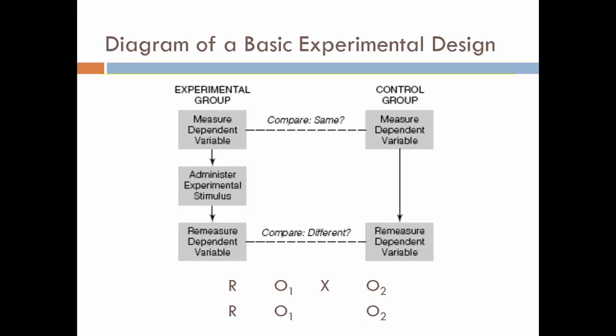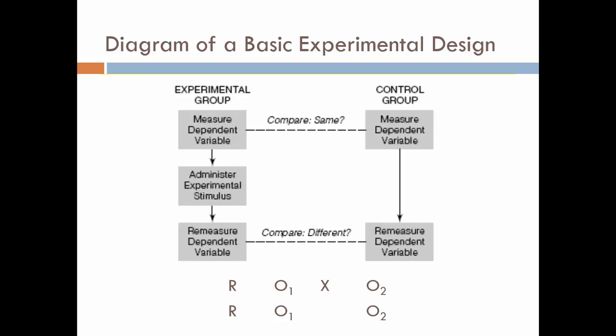The next slide shows us a diagram of the basic experimental design. On the left, you'll see there's a column for experimental group, and on the right, there's a column for control group. You'll see that in both columns, we measure the dependent variable, and we want to compare those. They should be similar. The people should be similar on the anxiety scale.